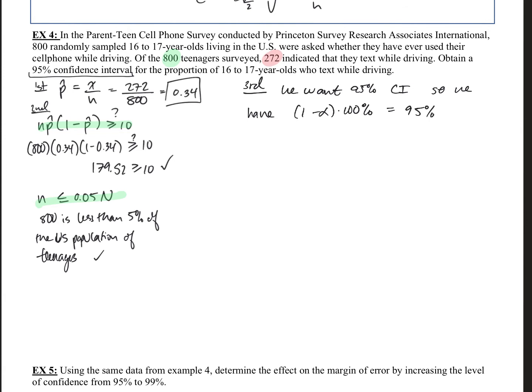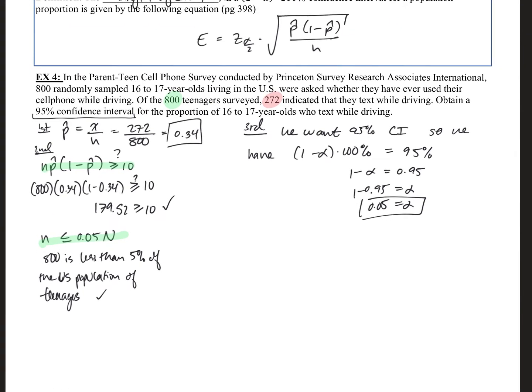So solving for alpha, we'll get 1 minus alpha equals 0.95. And then 1 minus 0.95 equals alpha, and we end up with 0.05 is equal to alpha. Now remember, for our formula, we need z of alpha divided by 2.